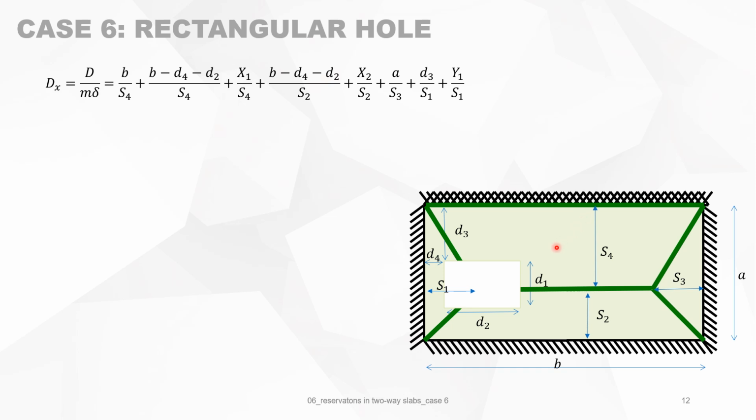Then we take the next one, which is x1 divided by s4. So this is the projection of this yield line vertically to this rotation axis, and the angle is then s4.